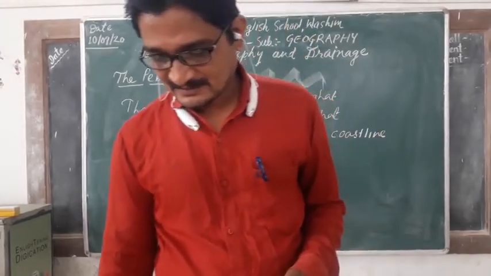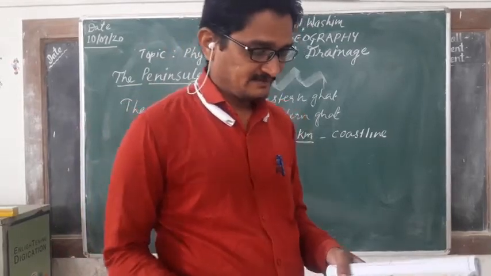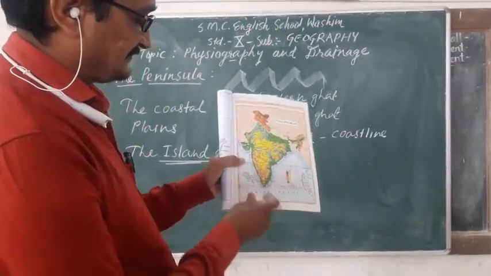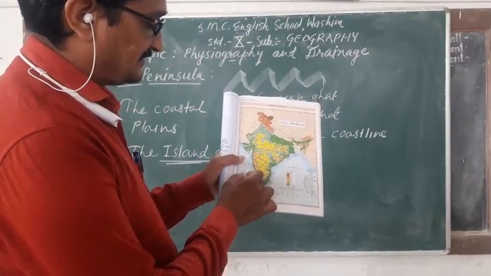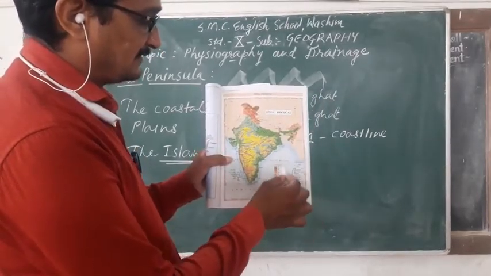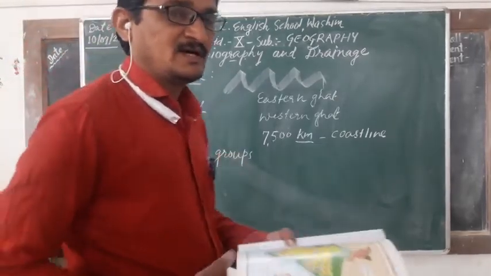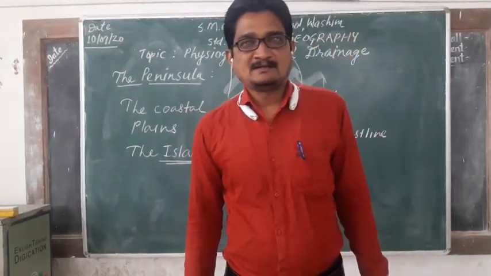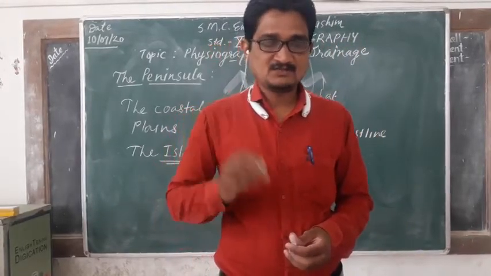See in your textbook, the map has given Lakshadweep here, and along with that, in the Bay of Bengal, the Andaman and Nicobar Islands. Note down these two names.